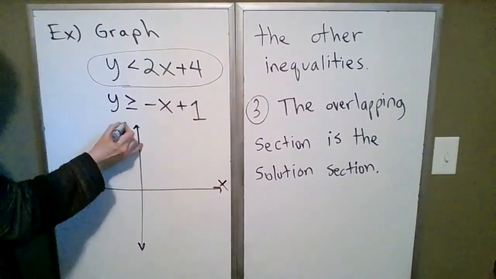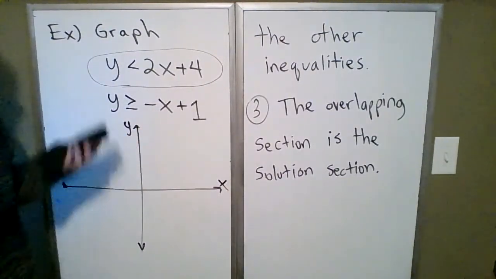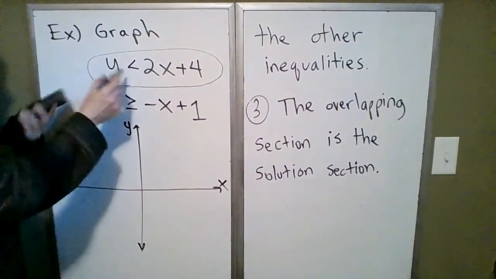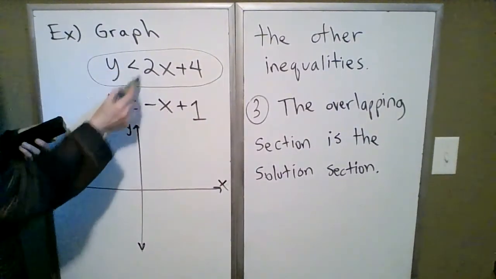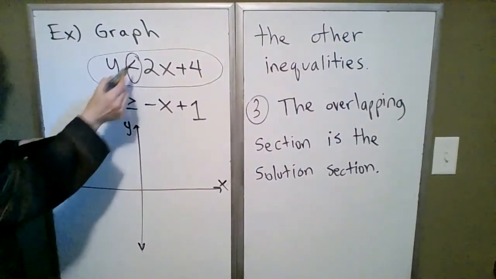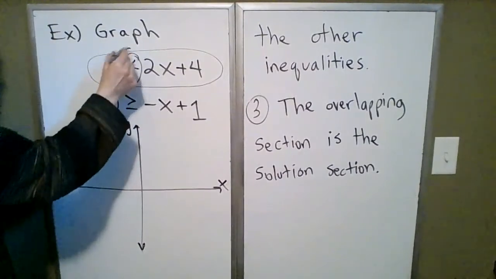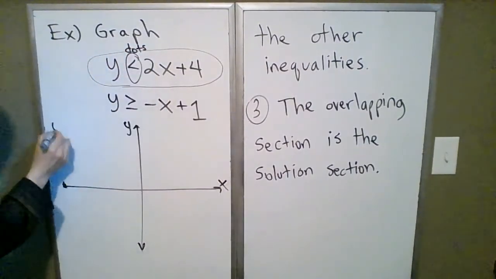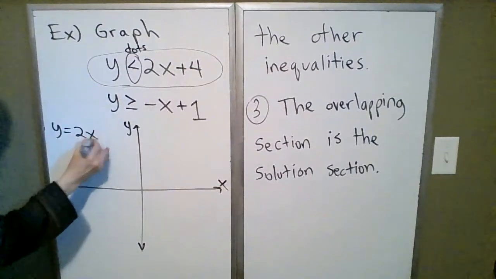X values, y values. And I'm going to momentarily put an equal sign here, but make sure it's a dotted line when I draw the line. Y equal to 2x plus 4.